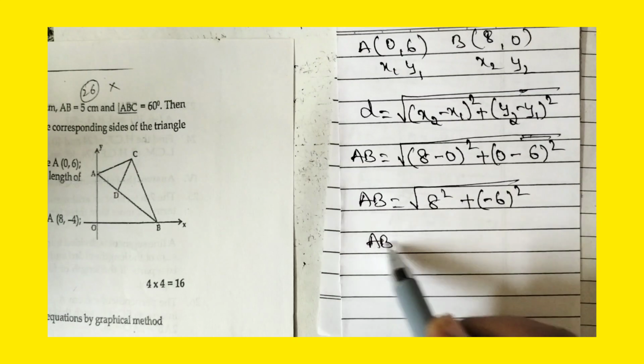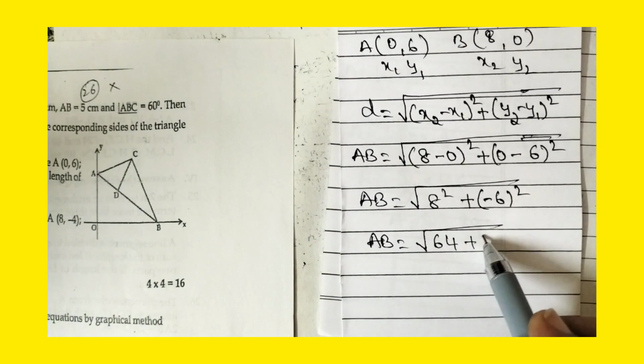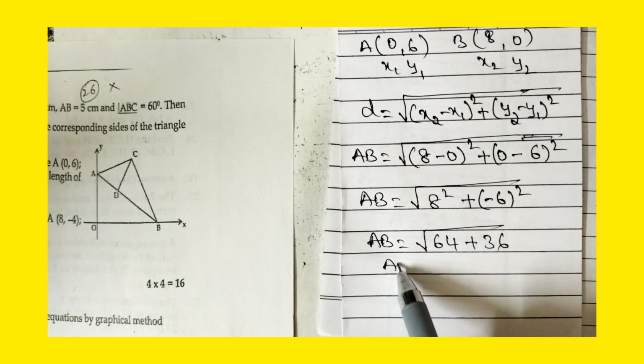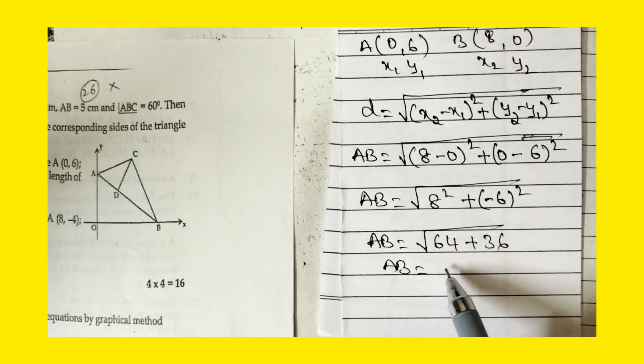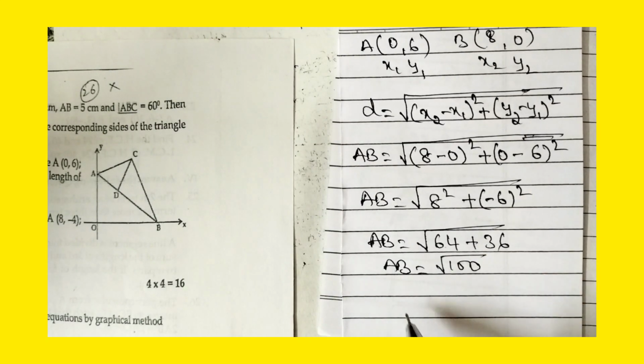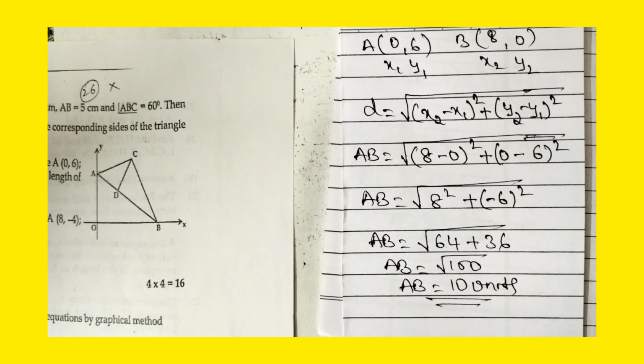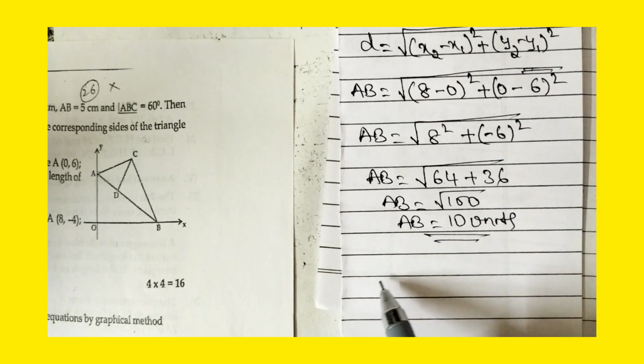So AB is equal to square root of 8 8s are 64 plus 6 6s are 36. So AB is equal to square root of 64 plus 36, which is square root of 100. So AB is equal to square root of 100, which is 10 units. So we know the distance between A and B is 10 units.